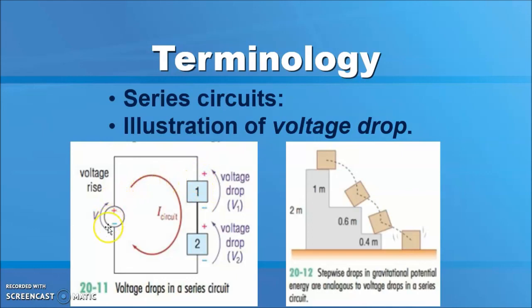Let's say that this was 2 volts. 2 volts is traveling, and when it crosses this component, the voltage is going to drop, let's say from 2 volts to 1 volt. Remember, the electrical potential is higher just before, so it's at 2 volts, and when it crosses this point, it drops down to 1 volt.